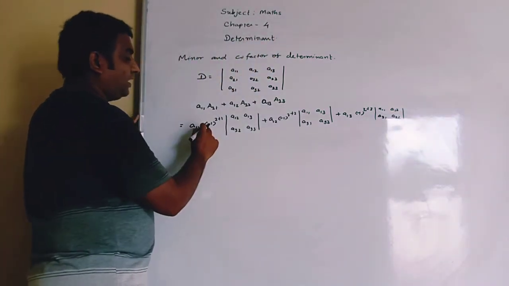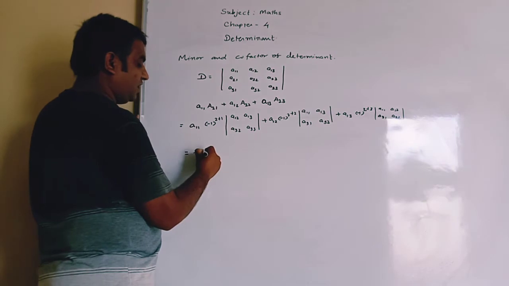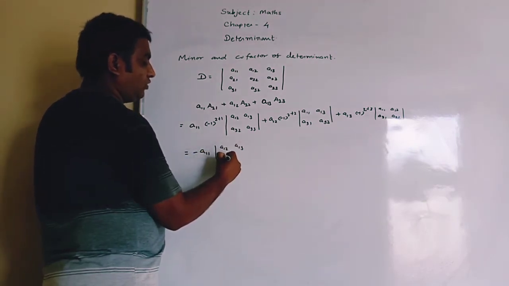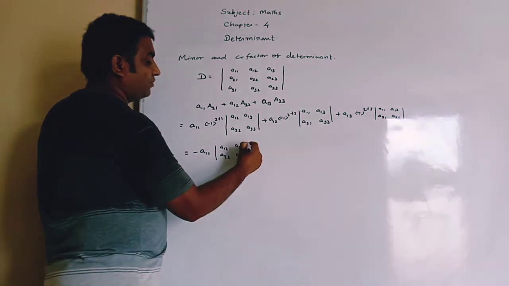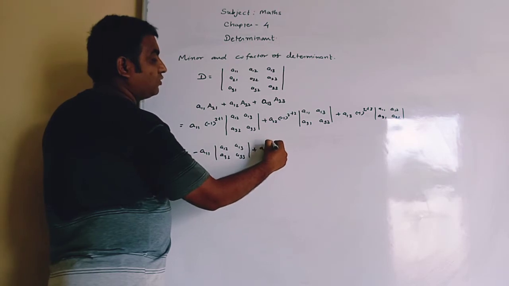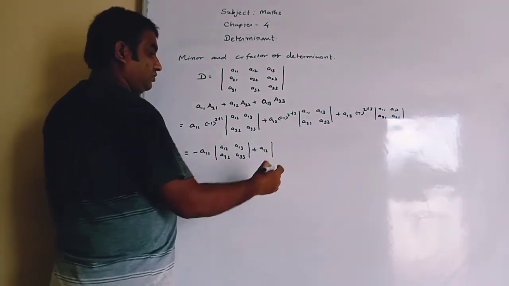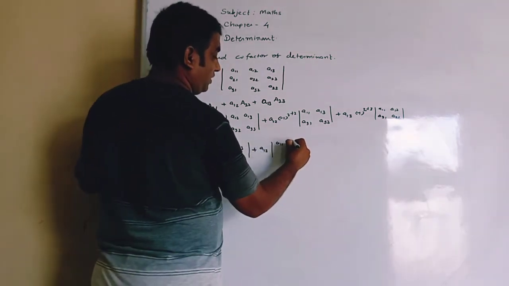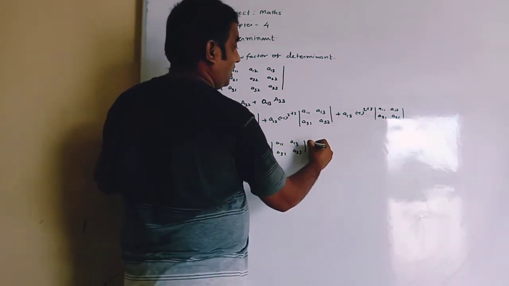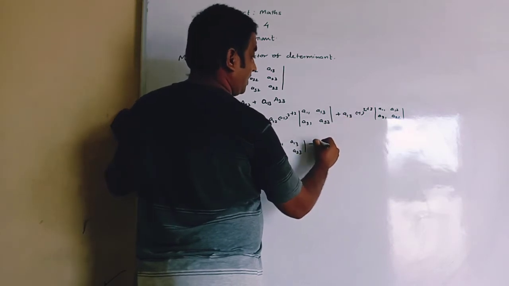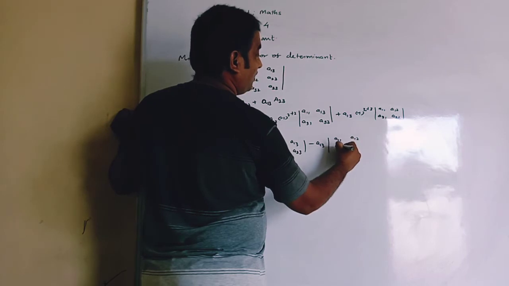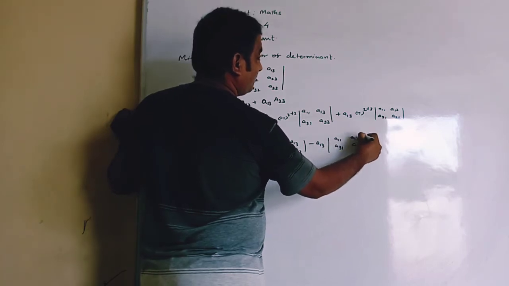So we can write minus a11 times a12, a13, a32, a33, minus 1 raised to 4, so plus a12 times a11, a13, a31, a33, and minus 1, so minus a13 times a11, a12, a31, a32.